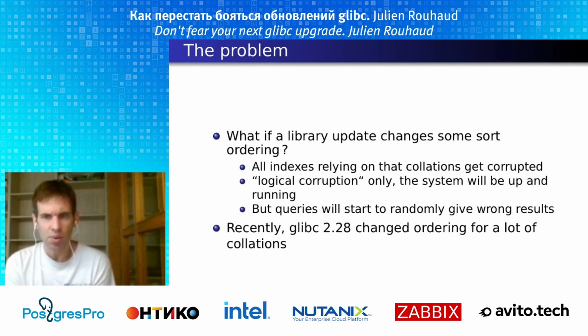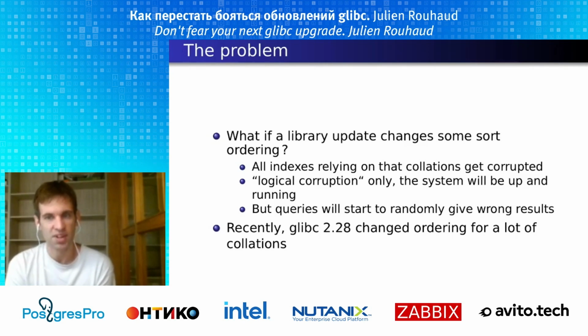So, what happens if the collation library starts to change the way the data is sorted? The answer is simple. All indexes that rely on this specific collation can be immediately corrupted, or not. That's another problem. It depends on what the actual data you have in your tables is. But if you happen to have impacted data, your indexes will be corrupted.